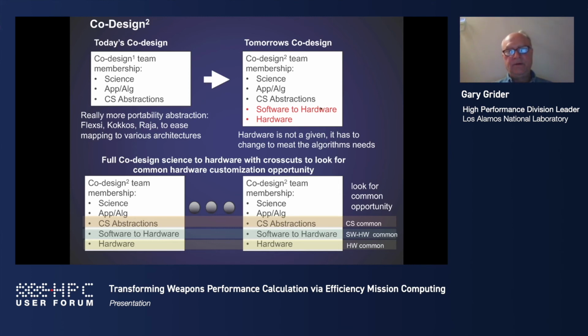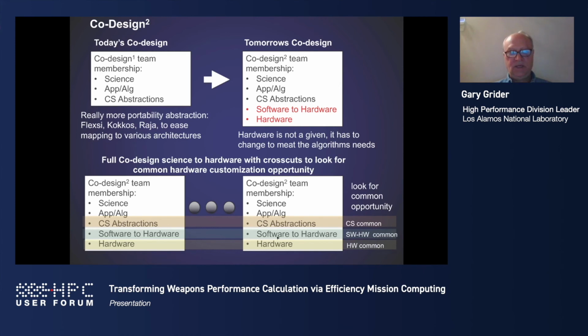And what we're going to try to do is to add hardware people essentially to the co-design mix, so that co-design teams would have hardware, and changing hardware or tailoring hardware actually be fair game for these kinds of co-design teams. And so we're adding this piece to co-design at Los Alamos, and this is how we're going to do it.